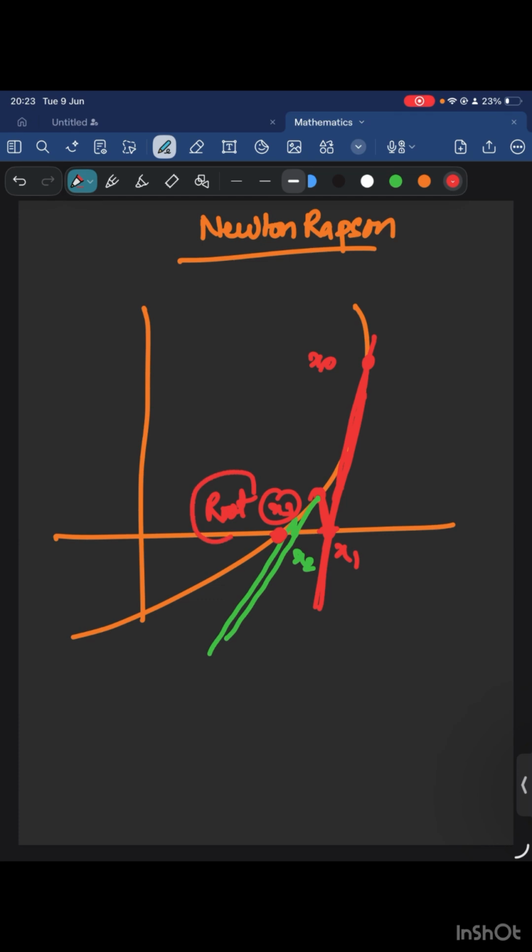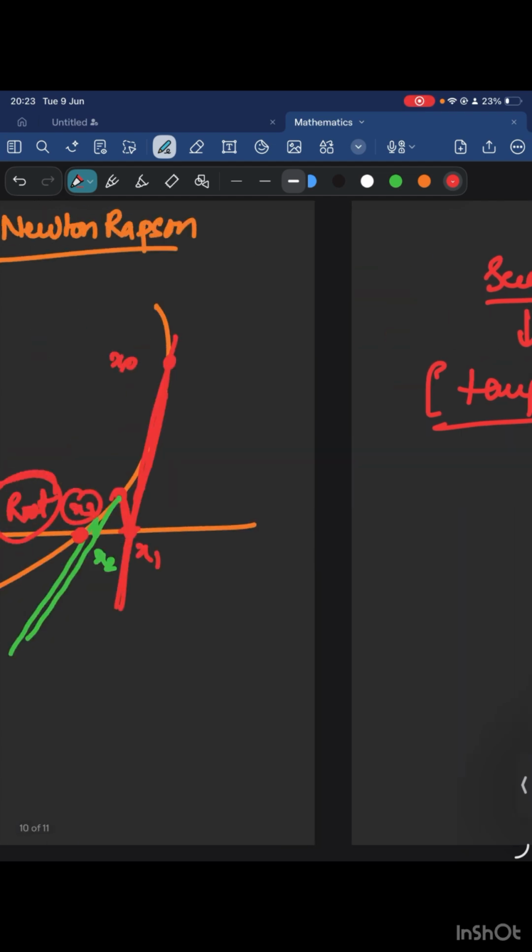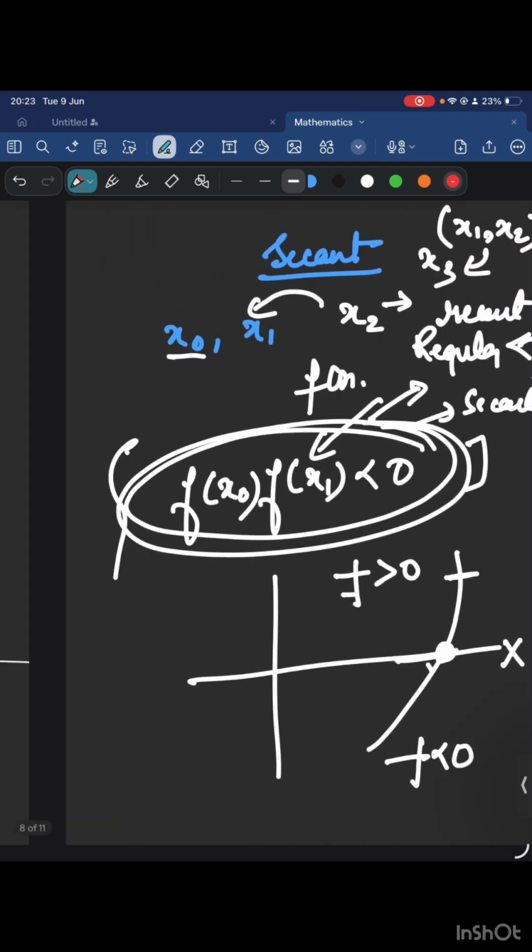So here, despite making a secant, हम secant ना बनाते हुए, what we were making now is a tangent to the curve. Through this tangent we are coming closer to the root of the equation. Done. Now we are going to see the derivation of it.